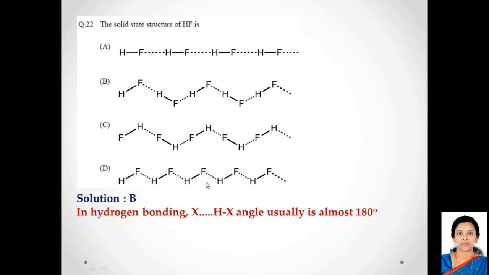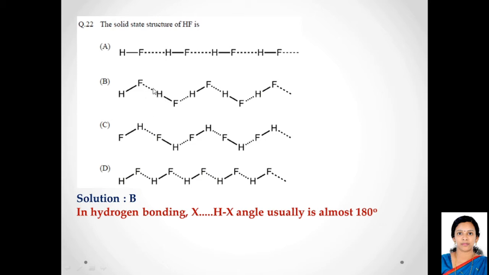Now in these 3 cases, you will see that option C and option D are wrong, because in the case of a hydrogen bond, the hydrogen has to be between the 2 fluorine atoms, and the angle formed by the electronegative atom, hydrogen, and the electronegative atom is almost linear. It is almost 180 degrees. Now here in option D, you see it is not linear because it is at an angle. So option D is wrong. Option C is also wrong because here you have a fluorine between 2 hydrogens. It is not like that.